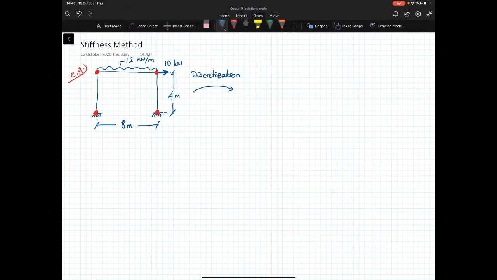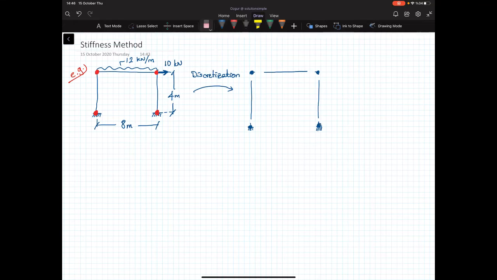So the discrete version is as follows. I have a node here, a member between two nodes, another node, member, node, also a member, and a node. So let's show the nodes like that.